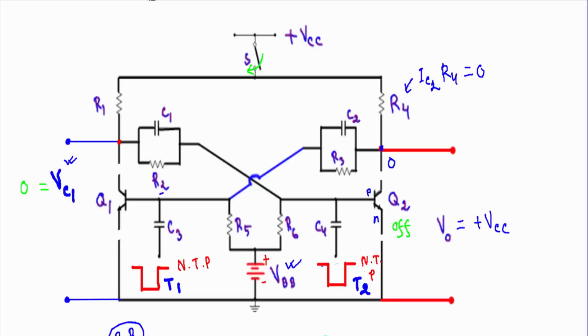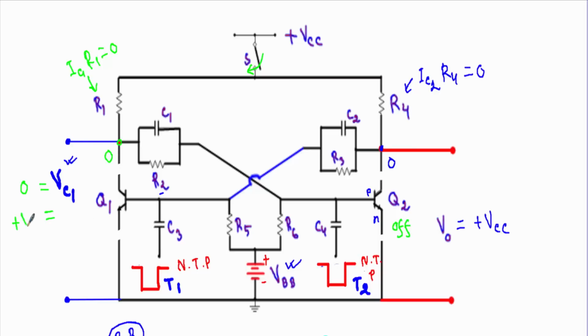As the collector and emitter terminals get disconnected from this circuit, our collector current IC will be equal to 0. Therefore the voltage drop across this R1 will also be equal to 0 volt. That means the applied plus VCC will appear across the collector to emitter terminal of the transistor Q1.